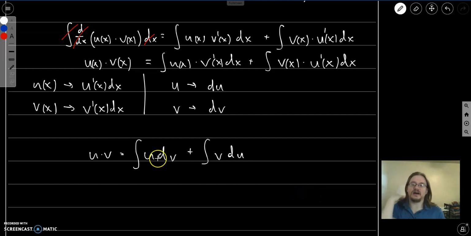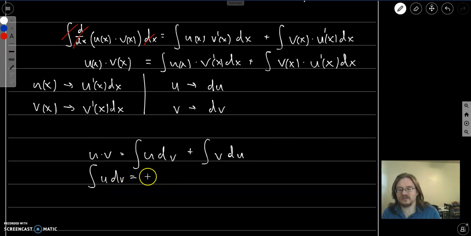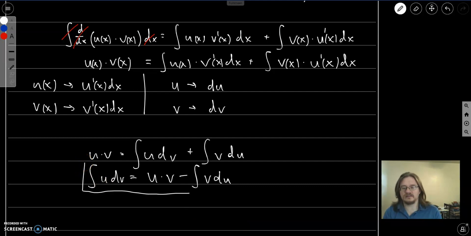And if I solve for this integral here, the integral of u dv is going to be equal to u times v minus the integral of v du. This is the formula for integration by parts.